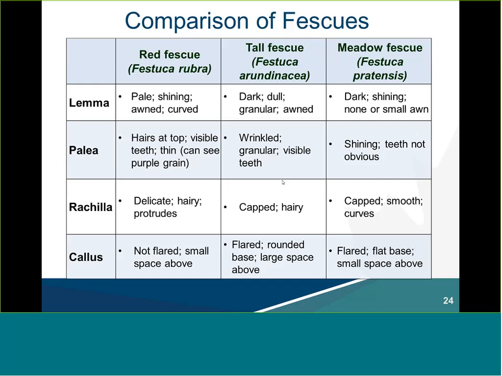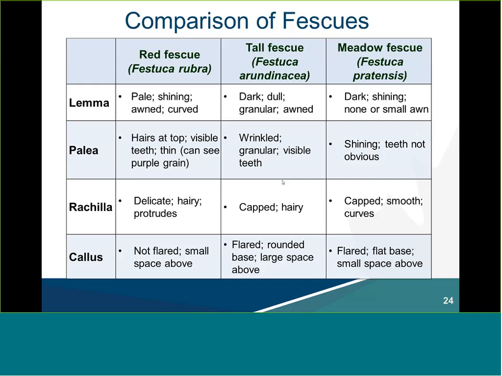That granular I talked about, and the teeth again are visible. Now the meadow fescue palea is shining, not granular, it's smooth, and the teeth are not obvious. Two things that tell it apart right away from tall fescue, if you were to take a close-up look.